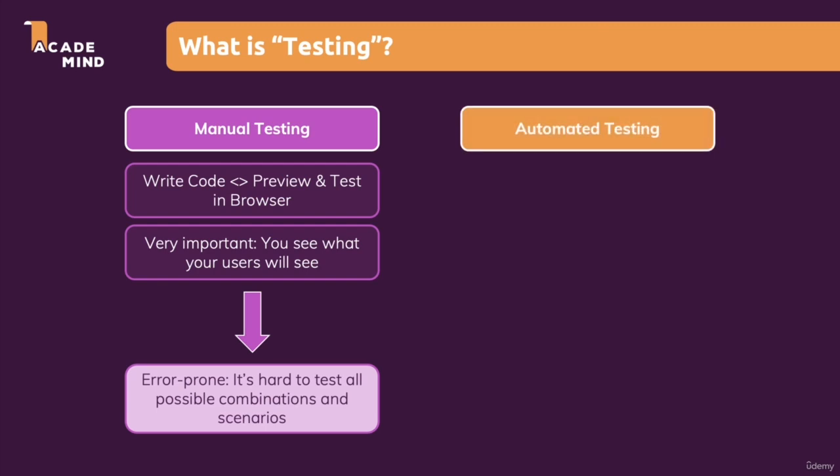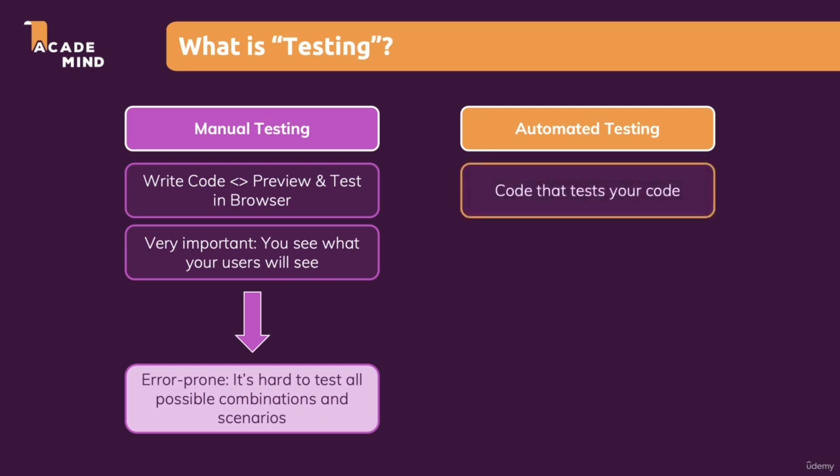And that's where automated testing steps in. This is not a replacement for manual testing. Manual testing will always be super important, but it's an addition. With automated testing, you write extra code that runs and tests your other code, your main application code.